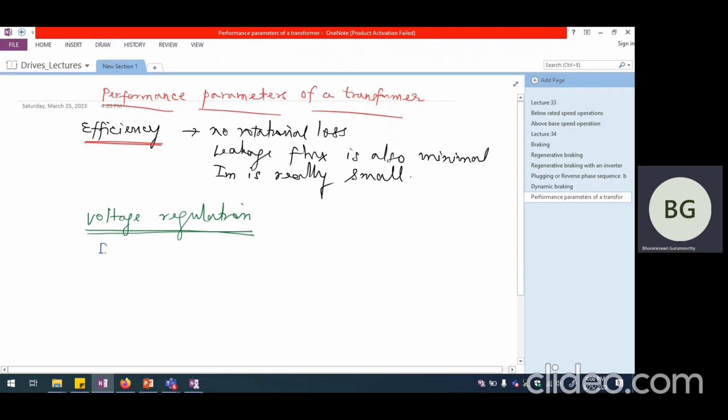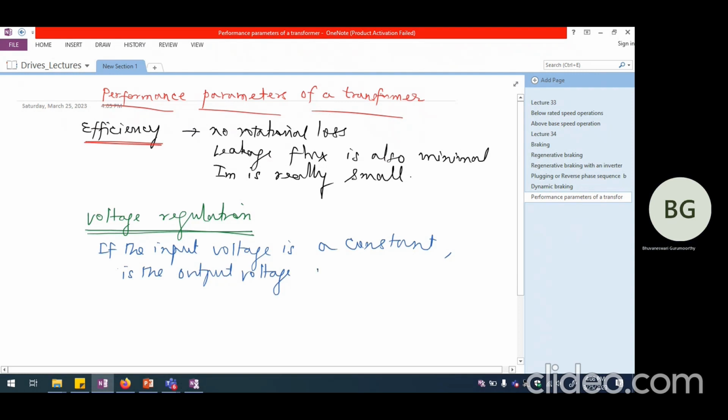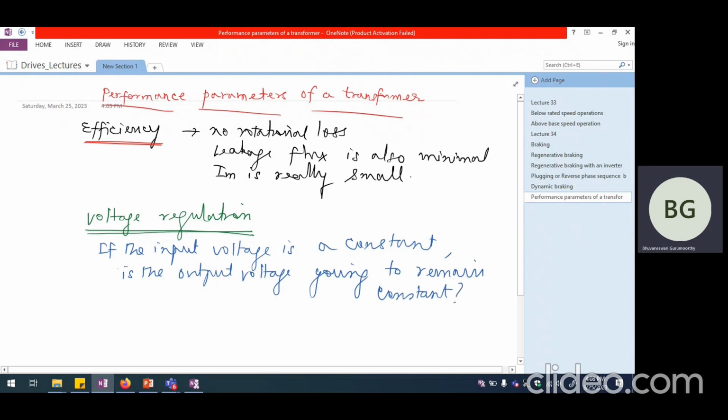So if the input voltage is a constant, is the output voltage also going to remain a constant? This question has to be answered with respect to the performance of the transformer.